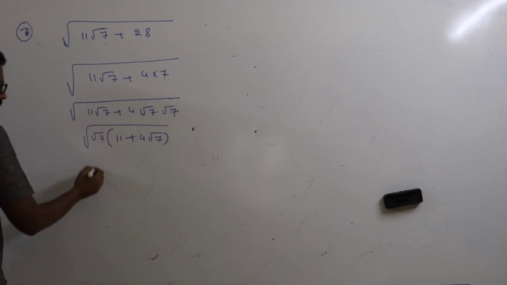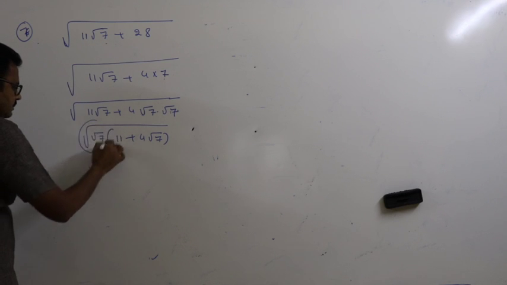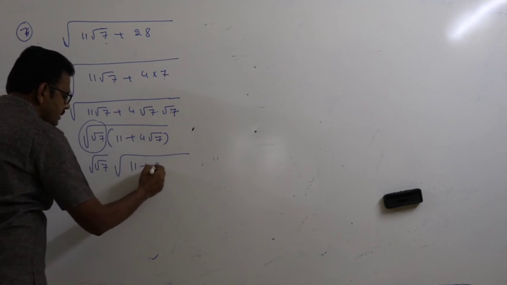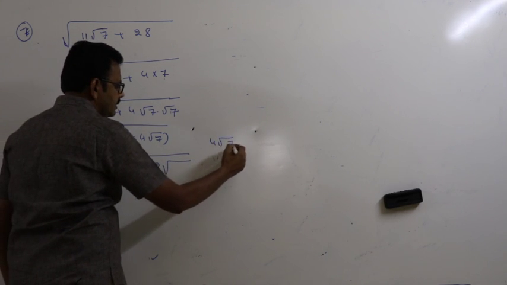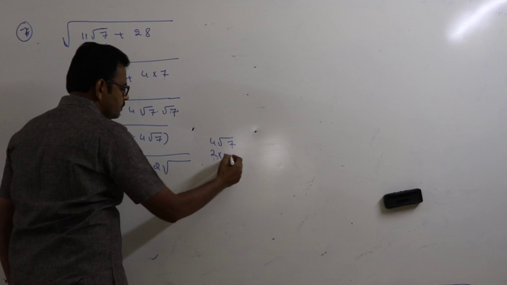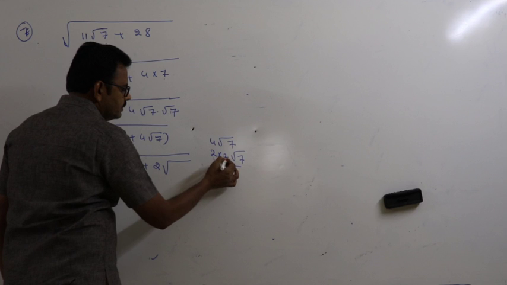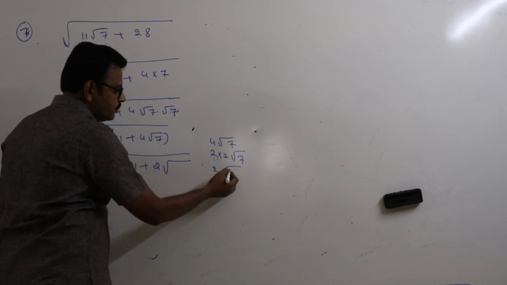Now you have to reduce it to 2 root something. 4 root 7 is 2 into 2 root 7, 2 into root 4, taken inside becomes 4.